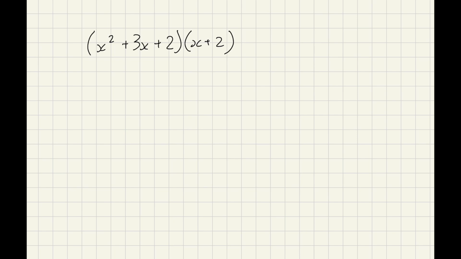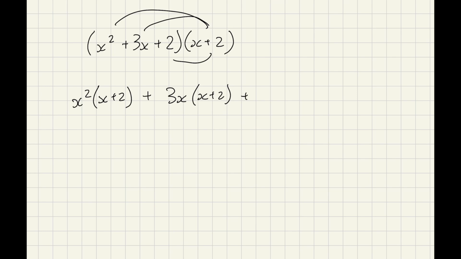That is a binomial. So we're going to be using the distributive property to solve this. We're going to multiply every term of the trinomial with the binomial. So this is going to look like x squared times x plus 2, plus 3x times x plus 2, plus 2 times x plus 2.